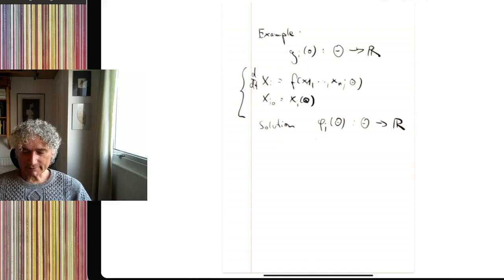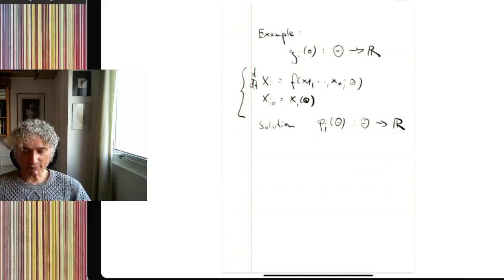And here, theta would also be a function of time, because we have a time derivative, a first order differential equation. But that we suppress in this notation. We just make this curve, which is given by phi i, depending on the parameter set theta.